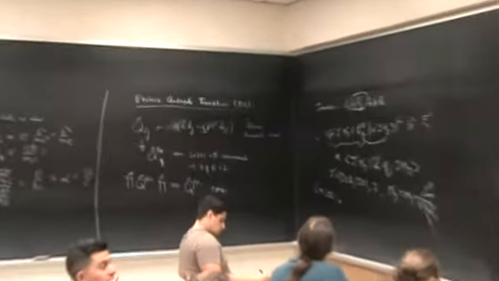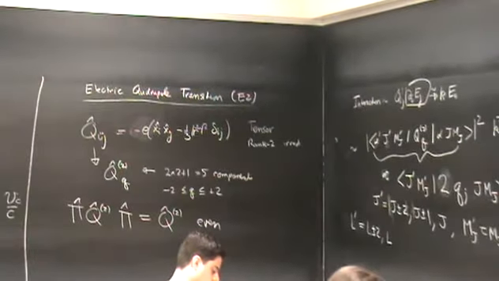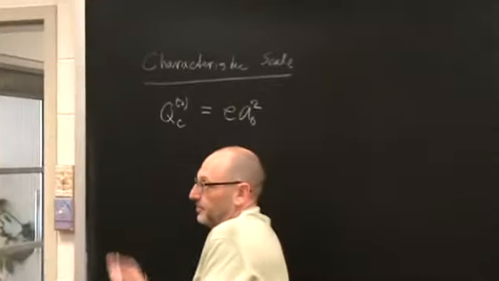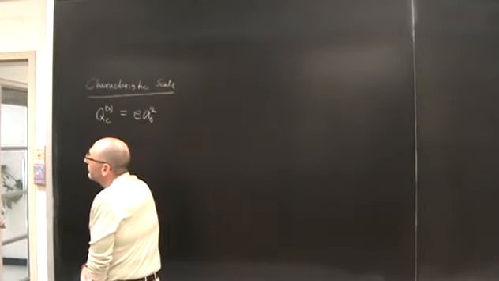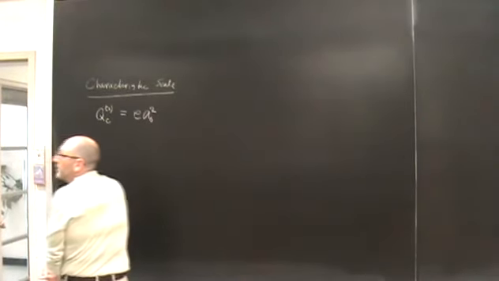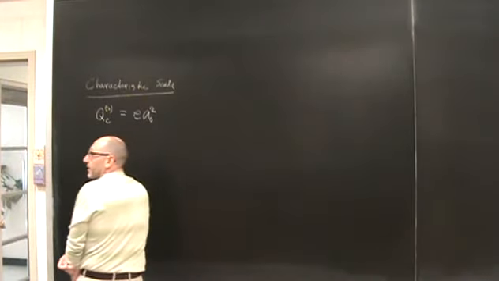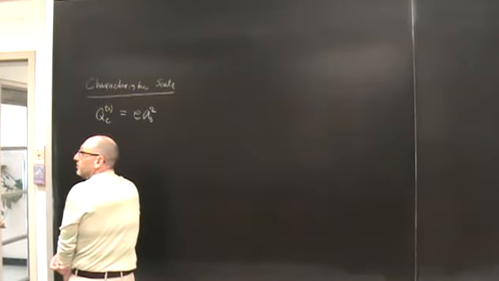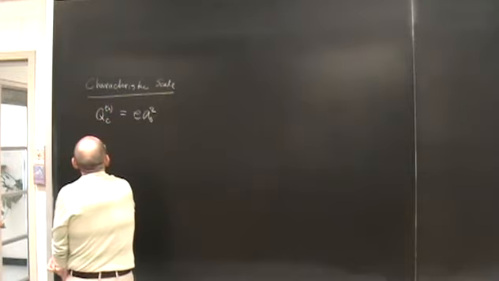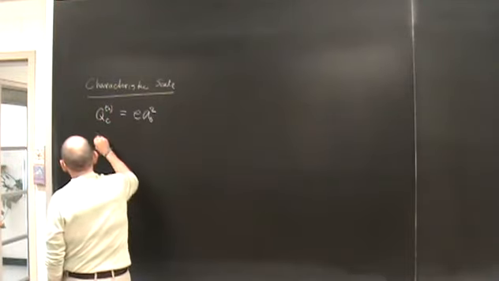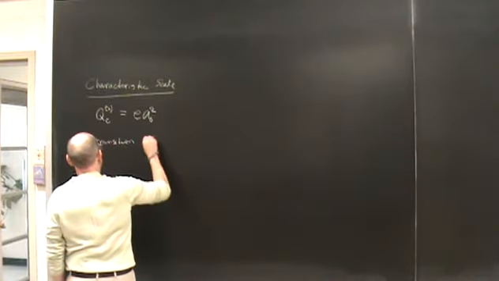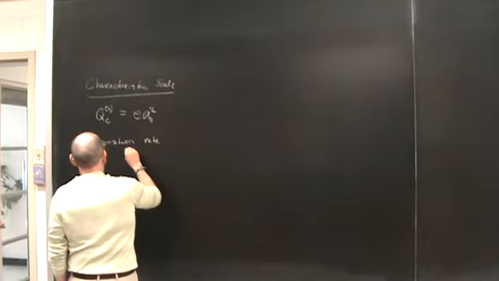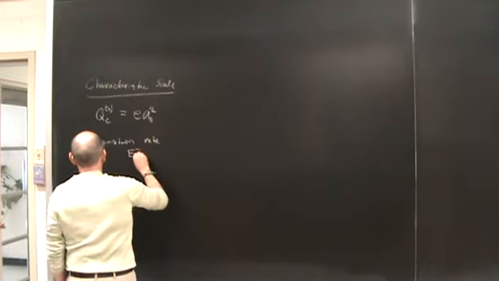A naught squared times e. Yeah. That's what we got, right? And so my transition rate, let's look at the transition rate for an electric quadrupole.